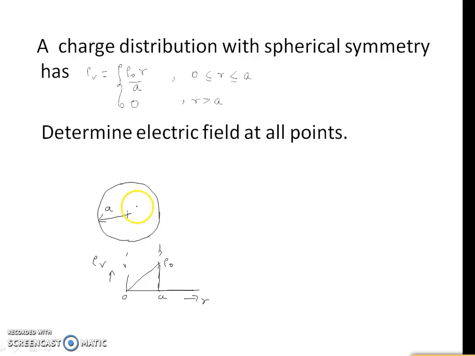So the charge density is less when it is closer to the center, and the charge density increases as it moves towards the surface of the sphere.